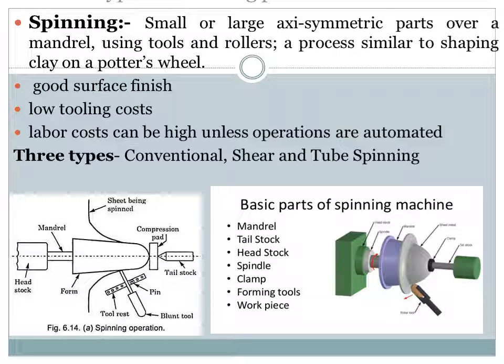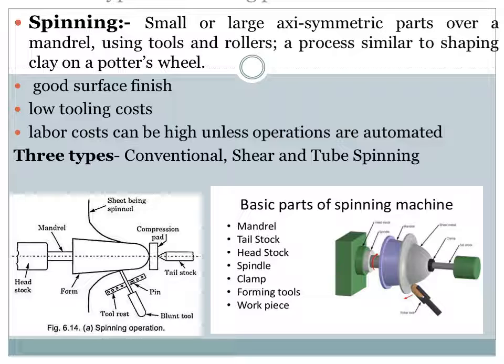The mandrel is revolving between the headstock and the tailstock, and the tool is moved from the tailstock side towards the headstock side. Whatever shape is there on the mandrel is uniformly transferred onto the sheet metal, and the final product is being made.